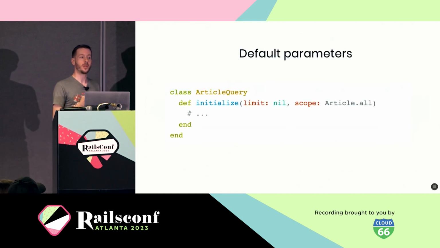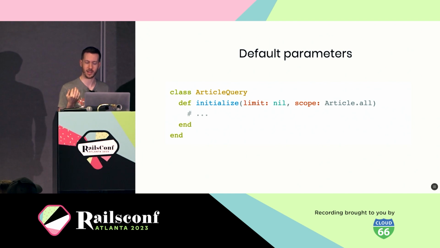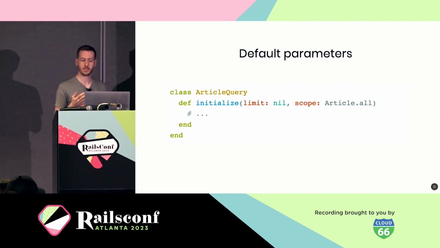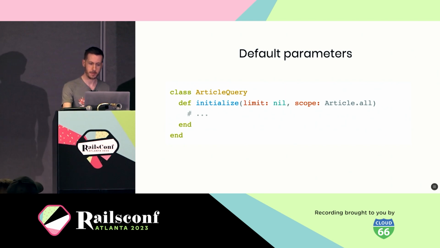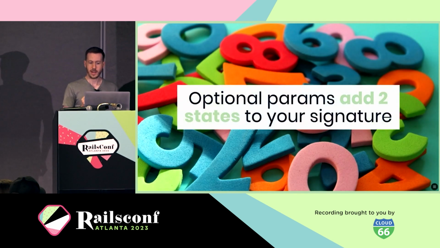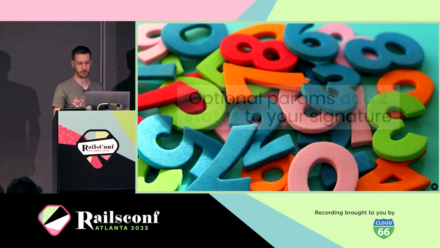So dealing with combinations is not only something we need to do with Booleans. Consider something a little bit different. Here we have a constructor method that takes a couple of default parameters, a limit and a scope. Now, optional parameters add 2 states to your method signature, and we have 2 of those.